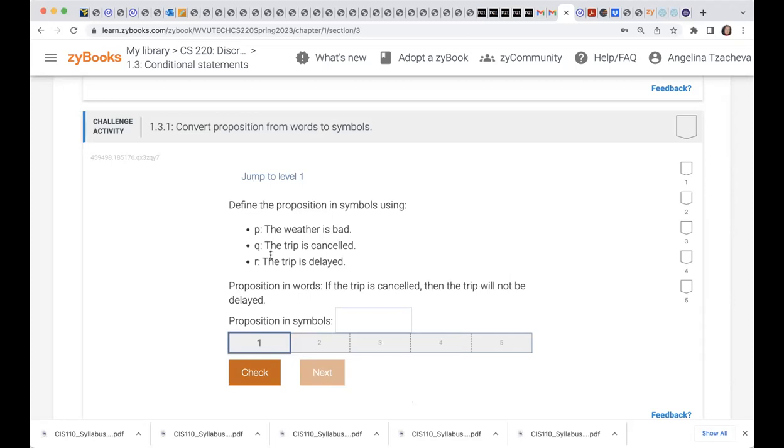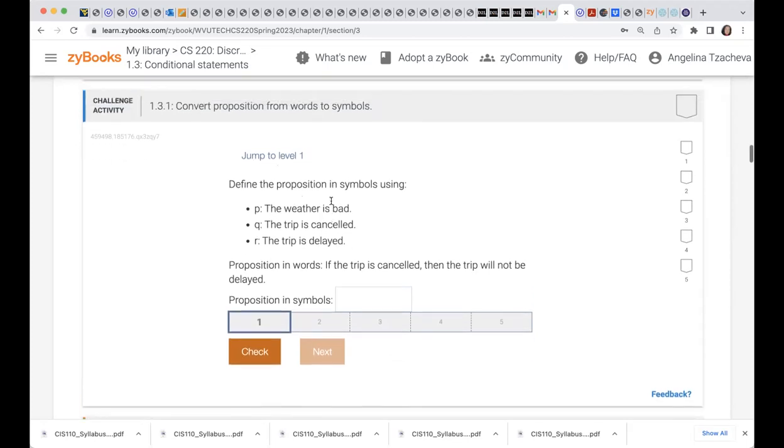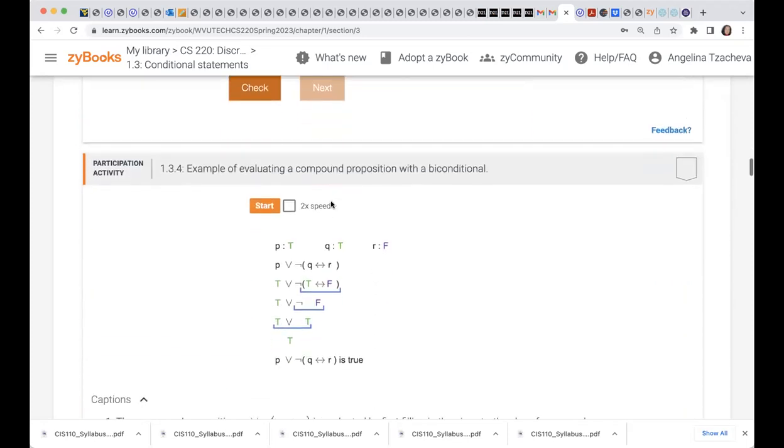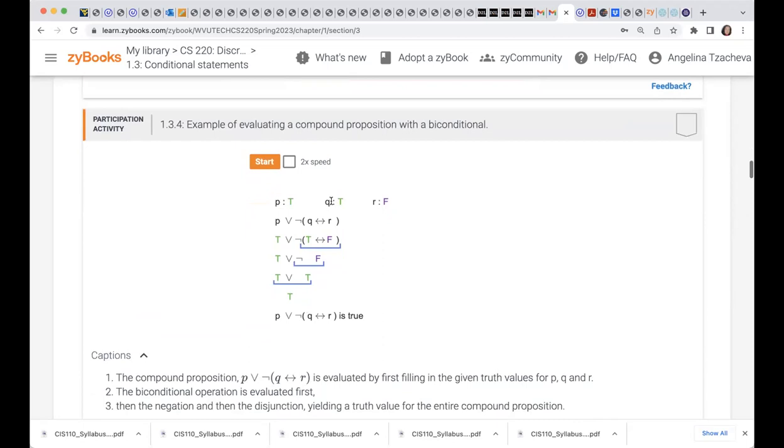So let's see here. We have this activity example of evaluating a compound proposition with biconditional. So we want to evaluate this expression right here, P or the negation of Q implies R, or R implies Q, so both of them in both directions.